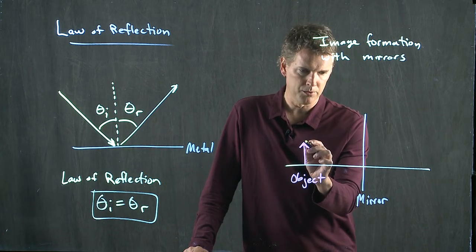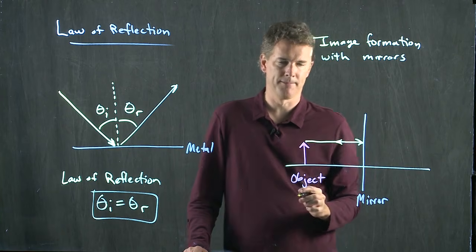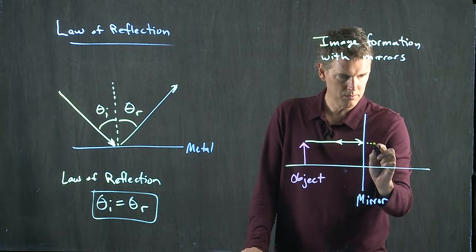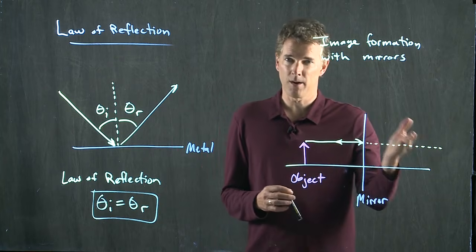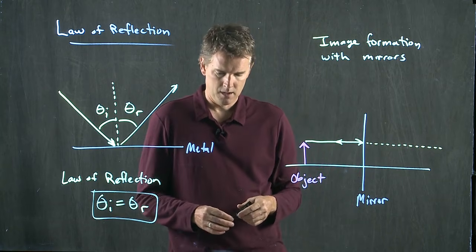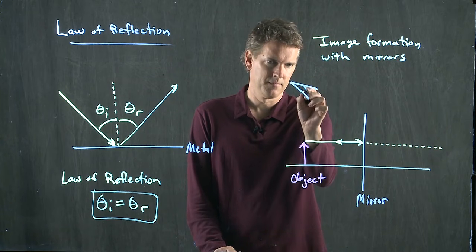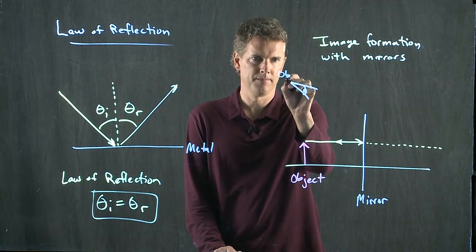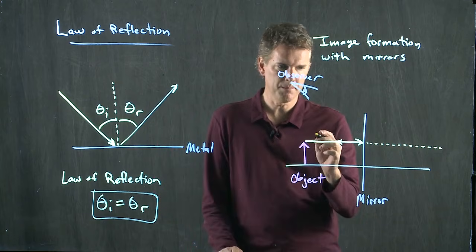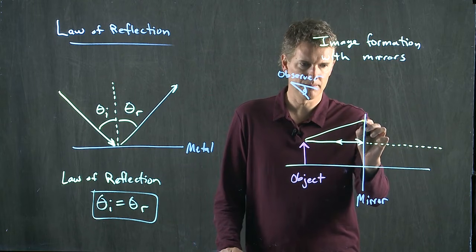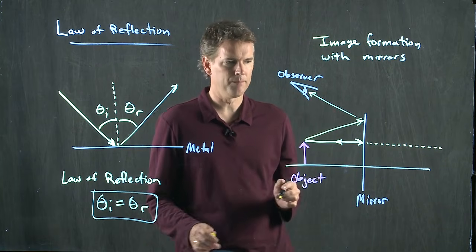So one ray will do this. It will bounce off of the mirror and come back. And if I continue with a dashed line, that is where that ray appears to be coming from. Now, if I think about an observer, here's my observer, then there will be a ray from the tip of this object that comes up and bounces off and goes into the eyeball.